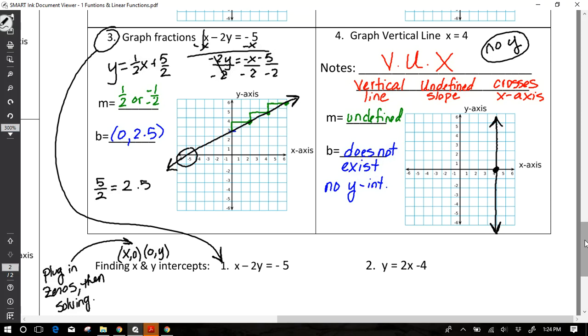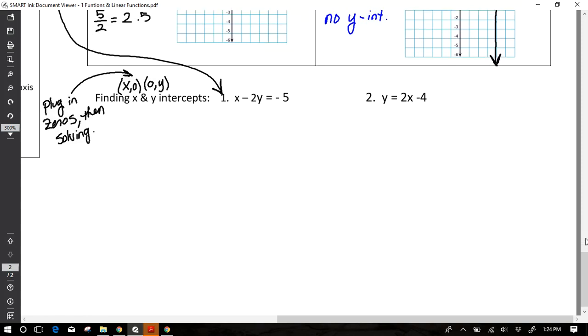So the only way that we can know with absolute certainty is, to find the x-intercept, I would plug in a 0 for the y value and then solve that to find the exact value where this line crosses the x-axis. So here's how I teach this.